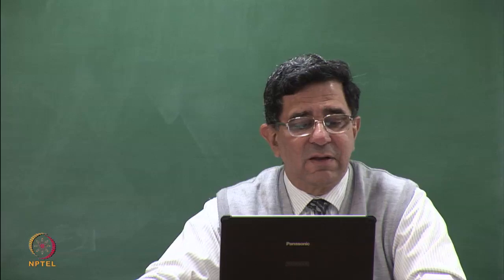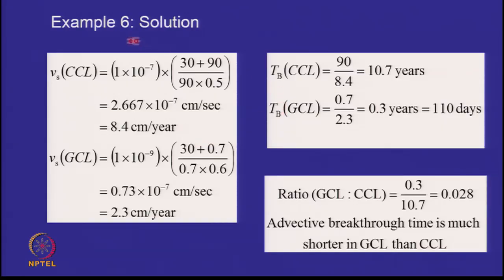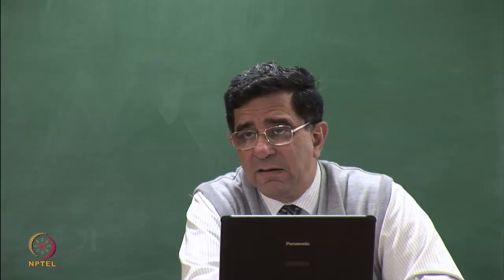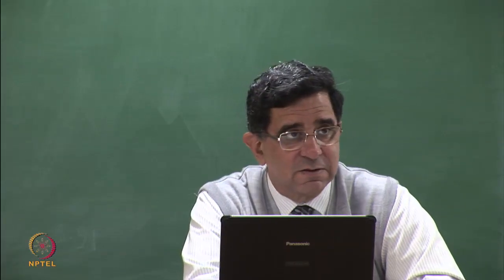If you look at this, our Vs in the compacted clay liner is 8.4 centimeters per year. And how many centimeters does it have to travel to come out of the liner? 90. So 90 divided by 8.4, 10.7 years is the amount of time when your leachate will come through. So you won't see any leachate at the bottom of the compacted clay liner till 11 years have passed.